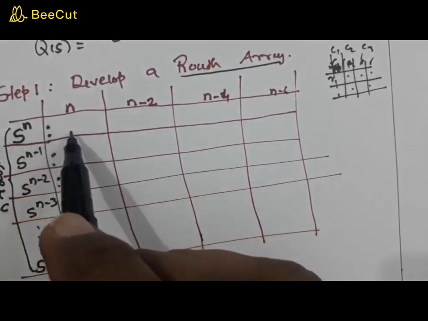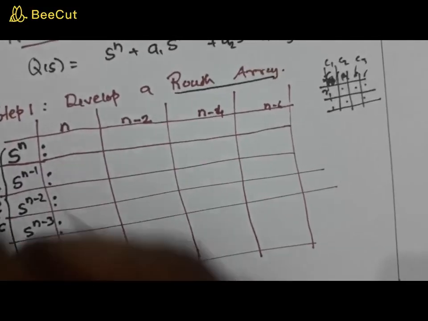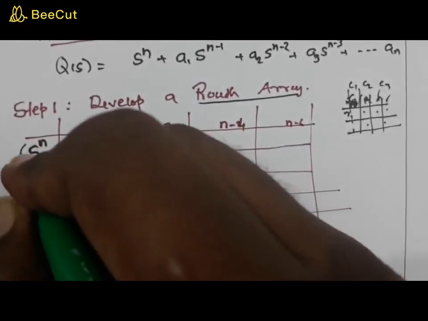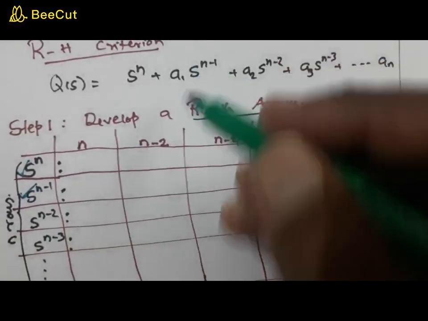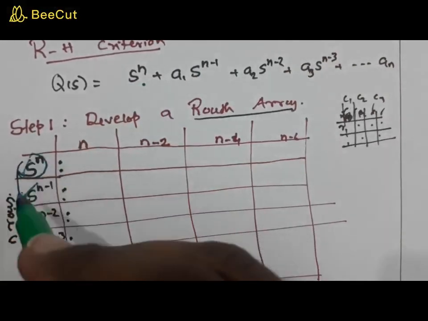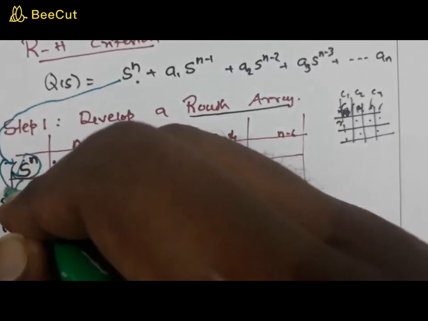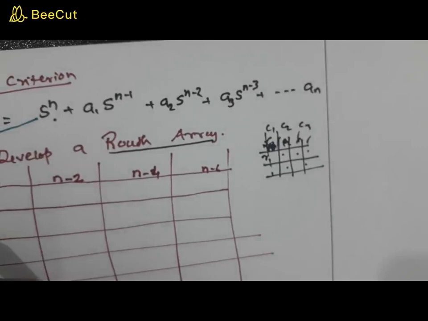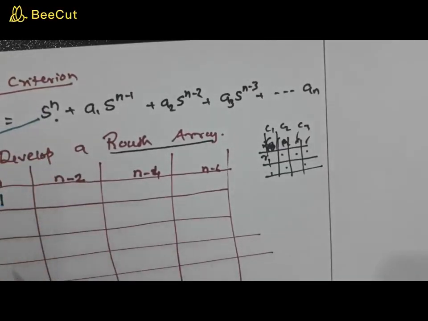Now what to write over here? The thing to be written here is the coefficient. In the first step, for s raised to n and s raised to n minus 1, you fill the cells from the given equation. So for s raised to n, you fill in its coefficient, a0.